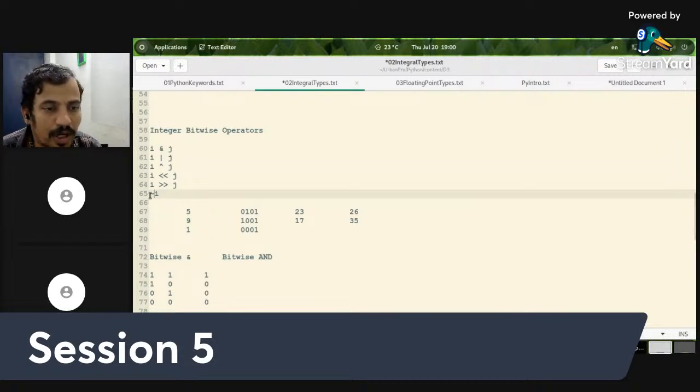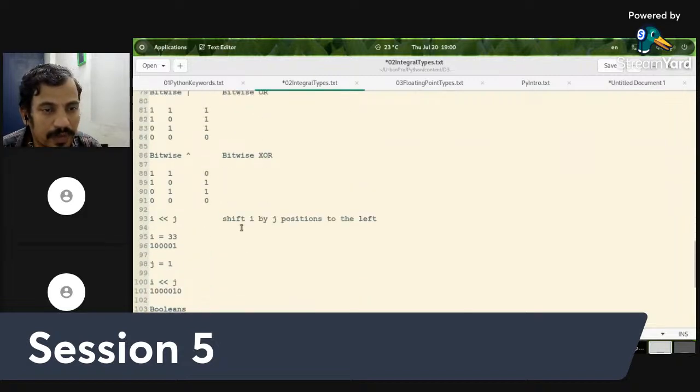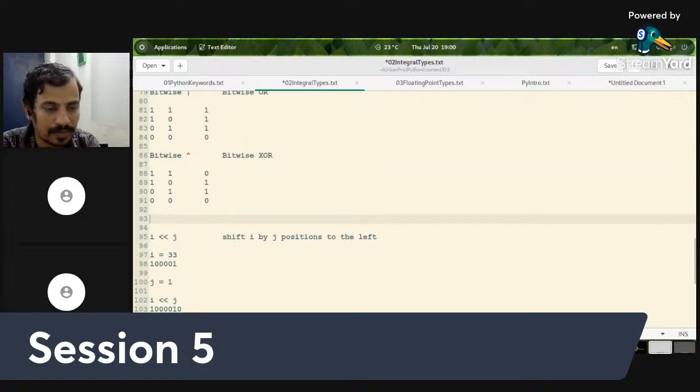So we call it bitwise complement. To type that symbol, you have to press shift and the key above your tab key, just before one. It has a wave kind of a symbol. Okay, that's the bitwise complement.